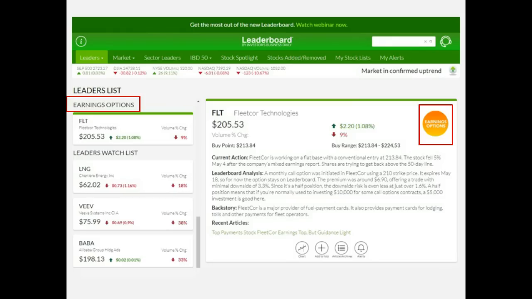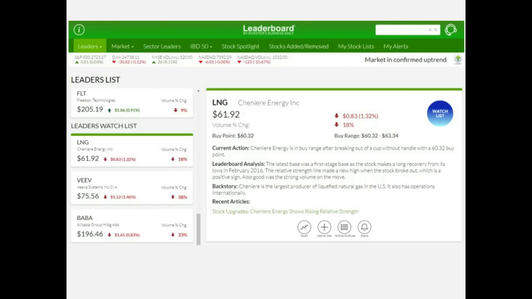The final section is the watch list. This is stocks that are not on leaderboard, but we're keeping an eye on. Yeah, exactly. So, in a healthy market like we're in right now, I think we've got 4 names on our watch list right now, stocks that we're looking at for possible inclusion on leaderboard.